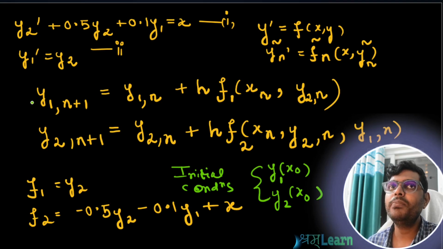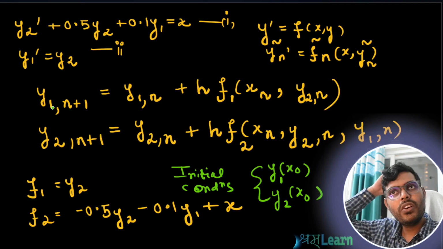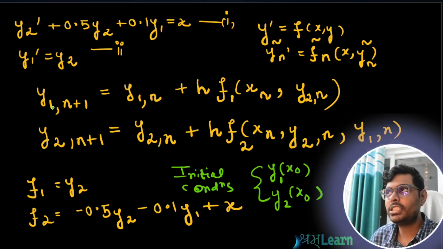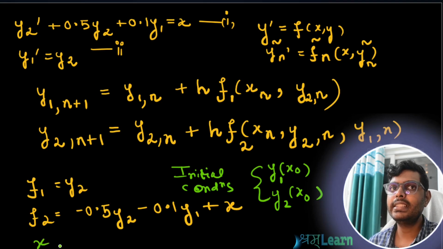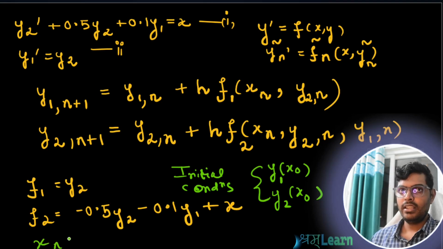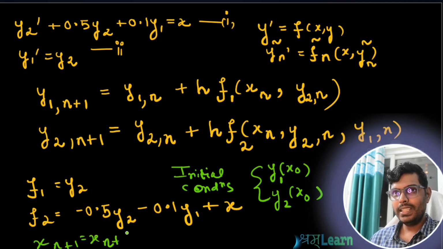So can I compute yn plus 1, right? That is y1 value for x is equal to x naught plus h. That is how we were doing. Xn plus 1 is equal to xn plus h.